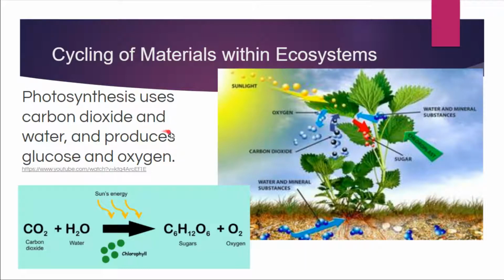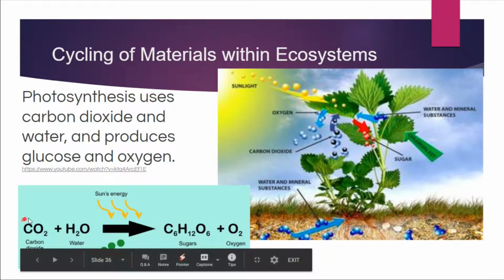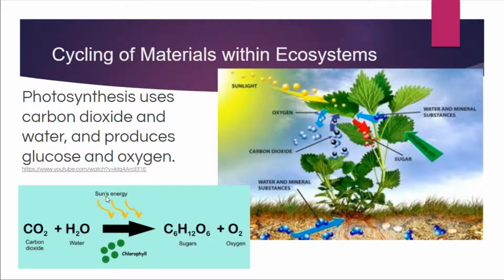We've already gone over this a little bit, but here's the chemical formula. We have carbon dioxide and water using the sun's energy, via the chlorophyll, and it creates sugar, C6H12O6, and oxygen.